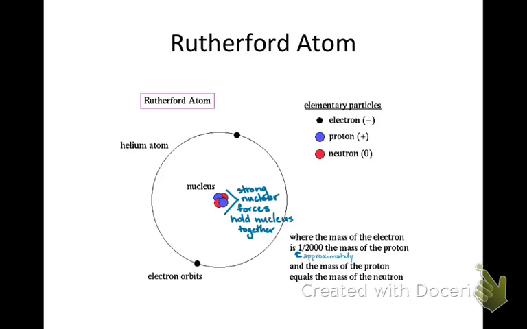But they are attracted to the positive charge of the nucleus while being repelled away from other electrons. So again, we've got the positive protons and the neutral neutrons being held together very, very close together in a tight nucleus because of those strong nuclear forces that you'll learn more about in physics and probably chemistry as well.